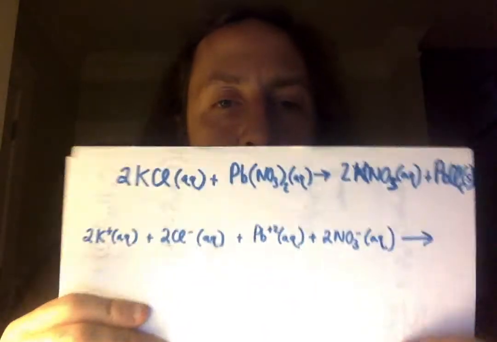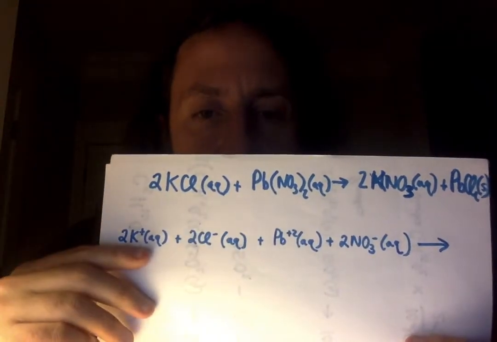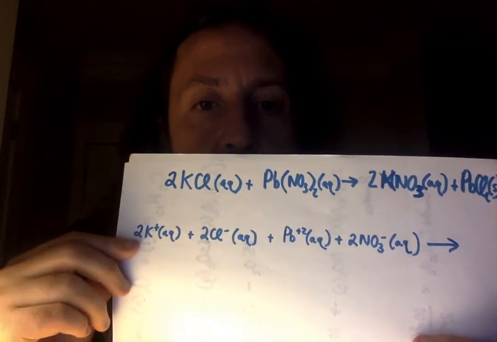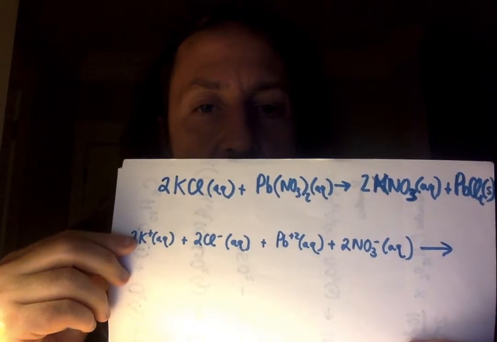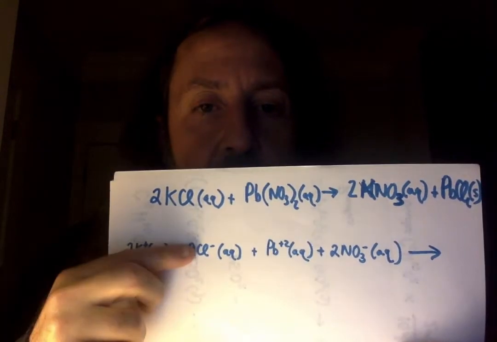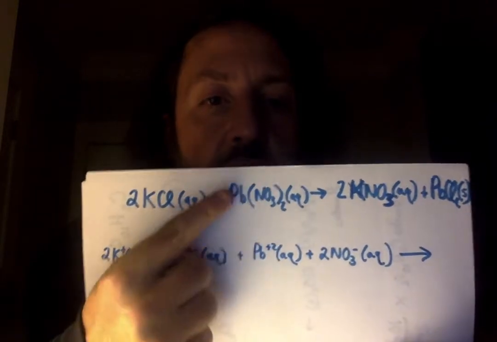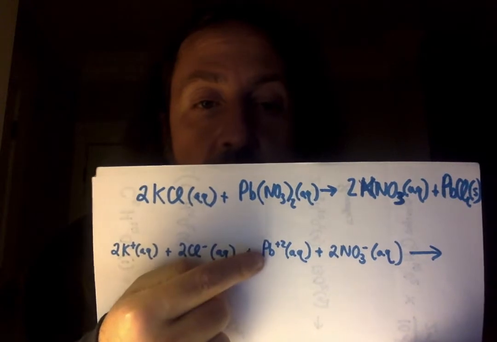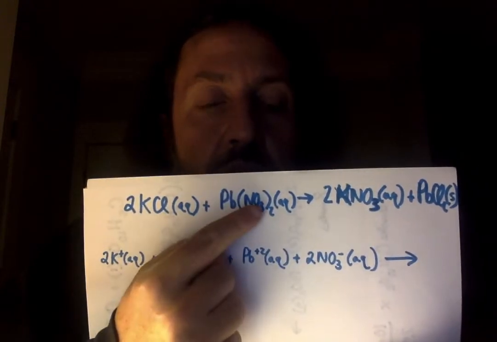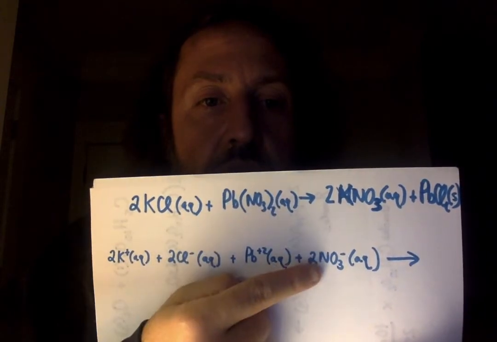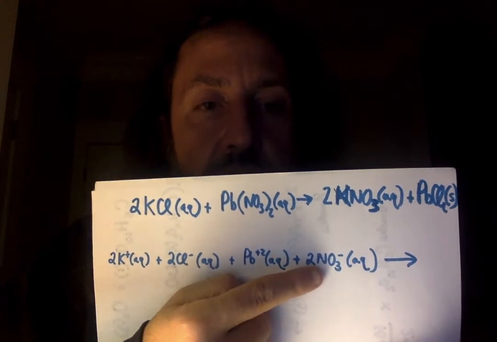Wow, that's a ton. So I have split up all my reactants. Since I have 2 of these, I need 2 of the K positives, 2 of the Cl negatives. I only have 1 lead, so I don't put a 2 in front of that. But I do have 2 of the nitrates, so I need to put a 2 in front of that.